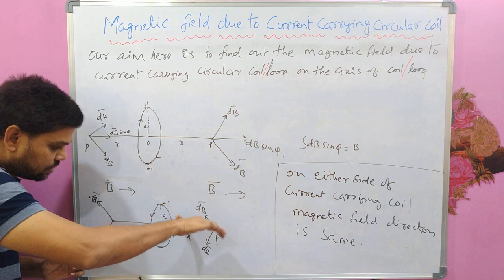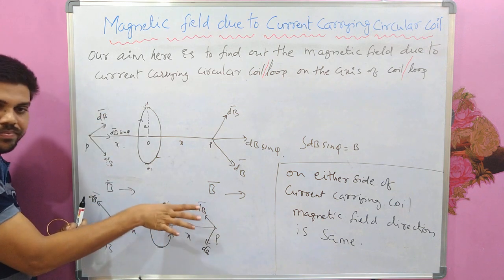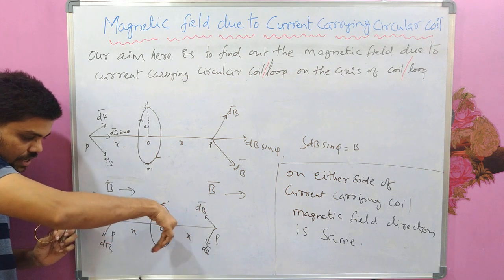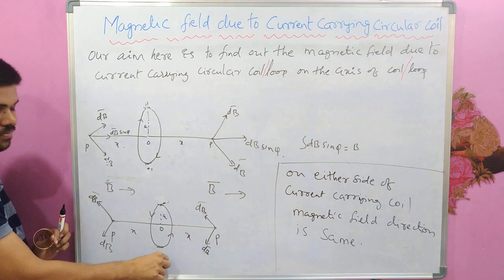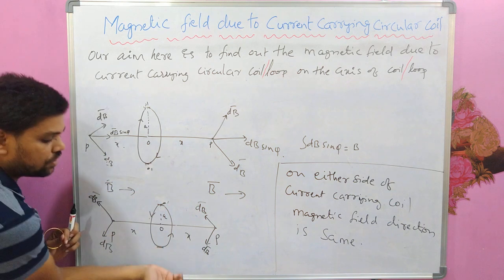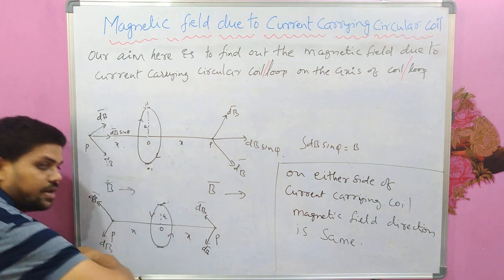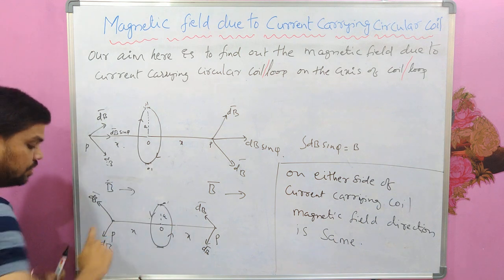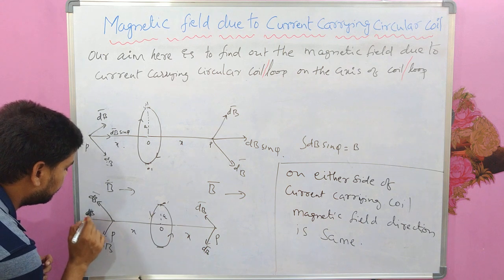Simple. It goes up. Here it is inwards, going up. And here the current is outwards, going like this. So the net magnetic field here is again in this direction.